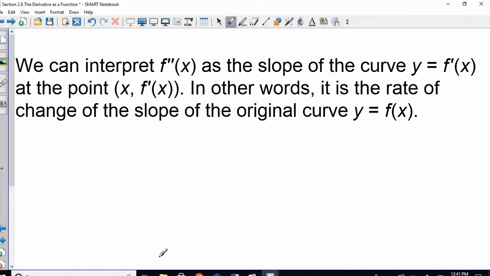In terms of a graph, we said the first derivative is the slope of the tangent line. So what does the second derivative mean? It tells us essentially the slope of the tangent line on the derivative. It's how the slope is changing in the original. So we know a derivative is a rate of change.